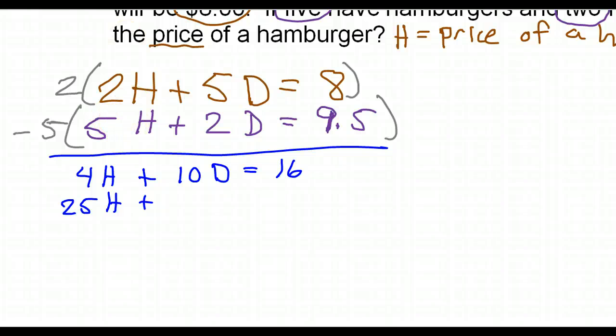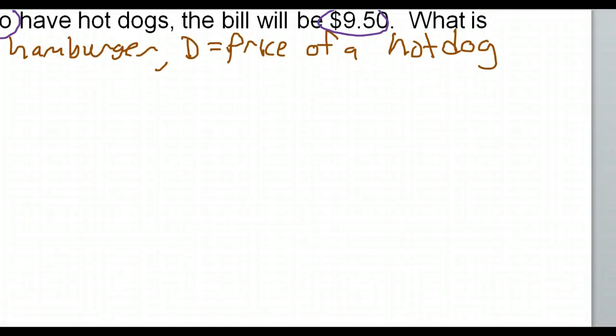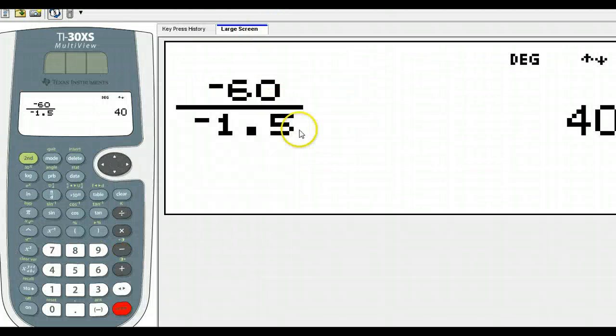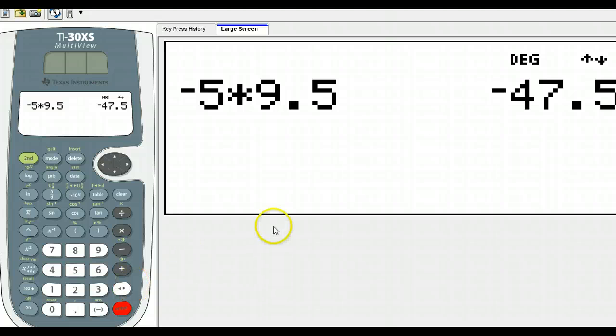Let me see if I can modify some stuff. Okay, so that's -25h, minus 10d is equal to -5 times 9.5. So that's -47.5.